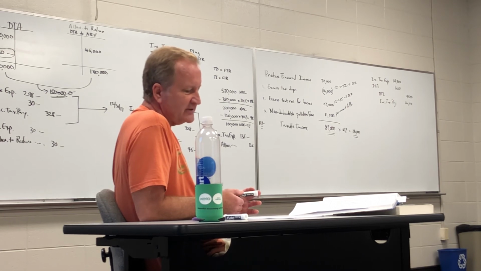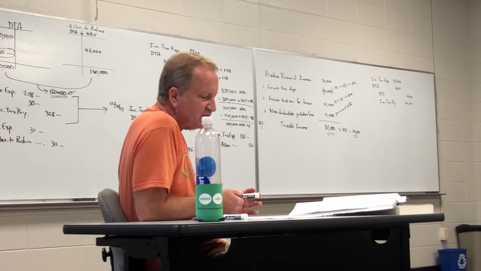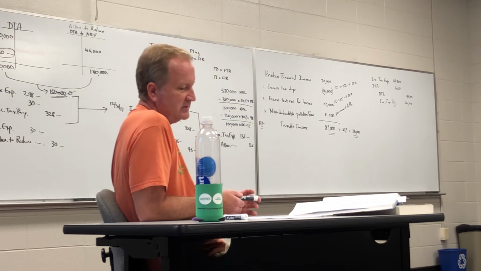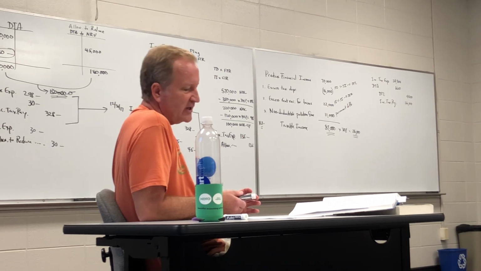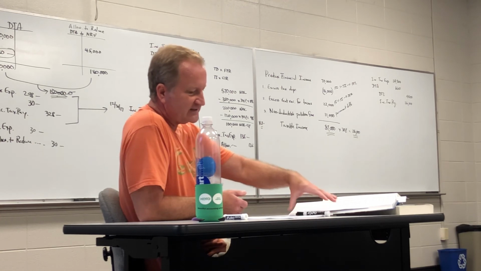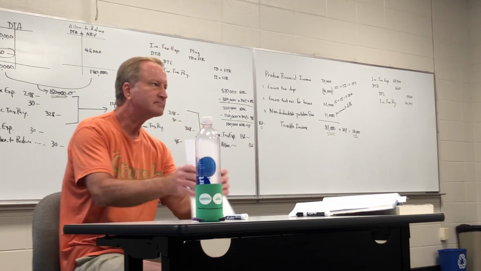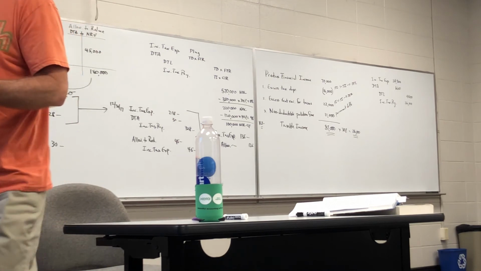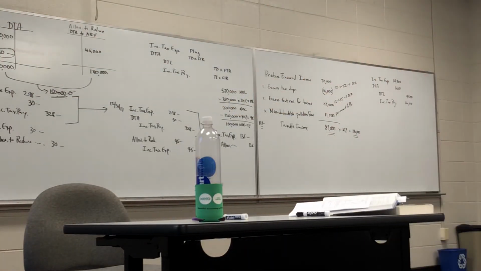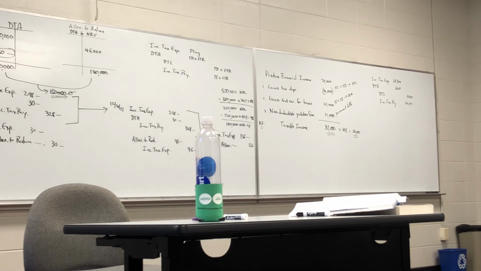Change in accounts payable, 7,000 negative. And change in salaries and wages payable, 5,600 negative. So when you total the adjustments, they equal a negative 24,000.